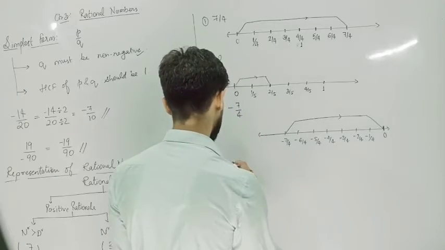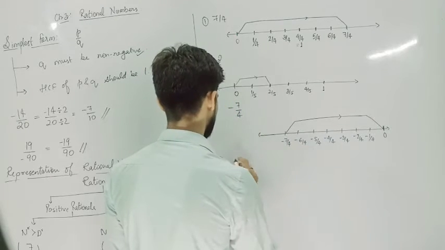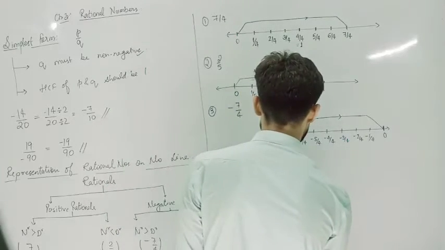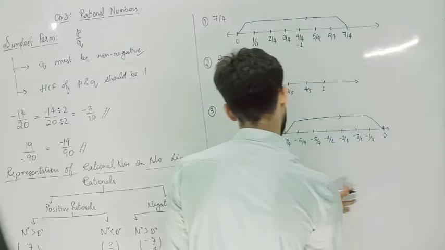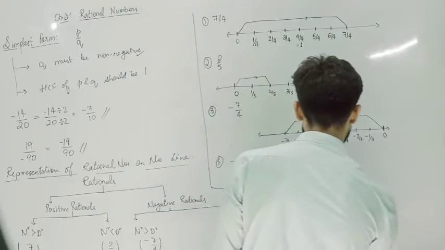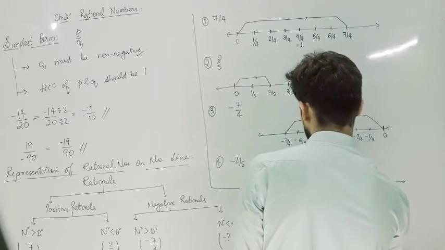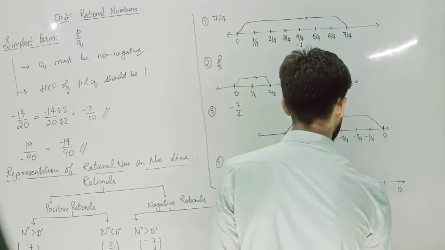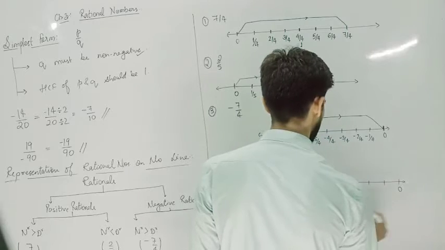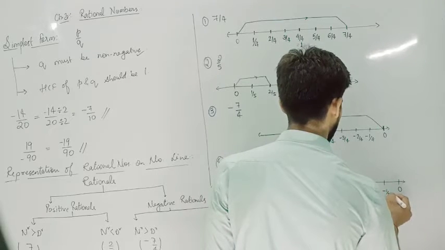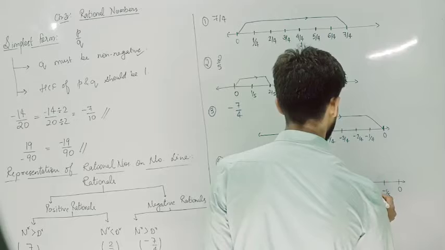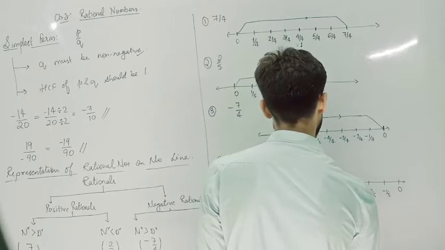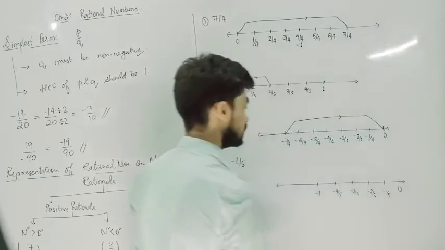Next, fourth is minus 2 by 5. Again the same way, draw a straight number line. 0 will be marked here, 1, 2, 3, 4, 5. Minus 1 by 5, minus 2 by 5, minus 3 by 5, minus 4 by 5, minus 5 by 5, that is minus 1.